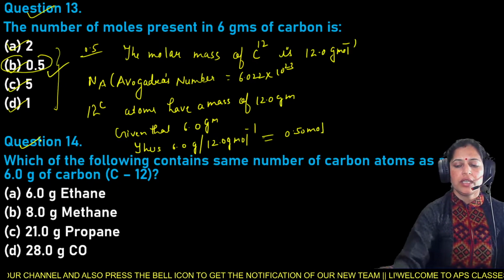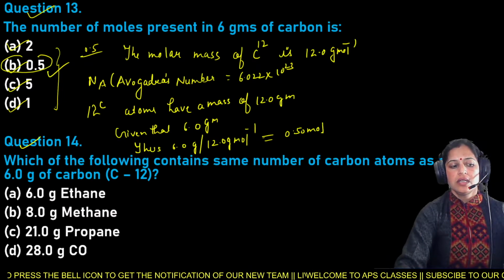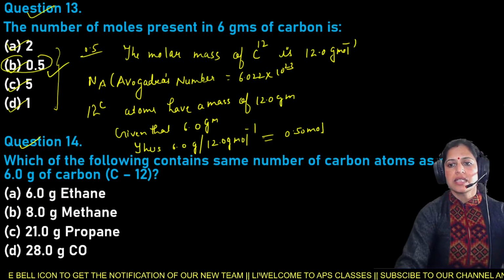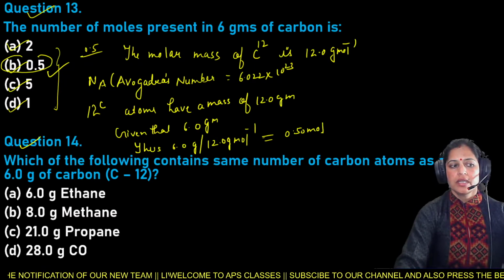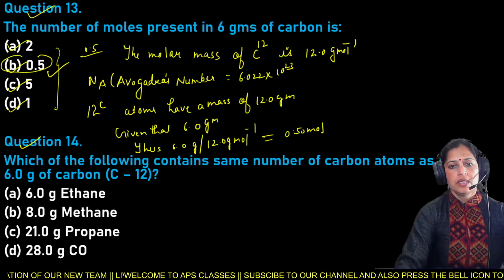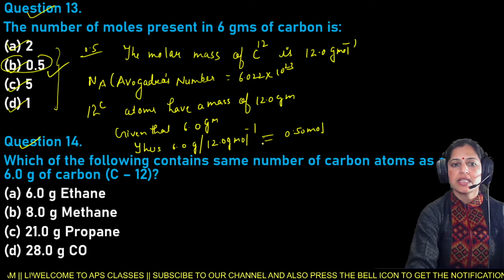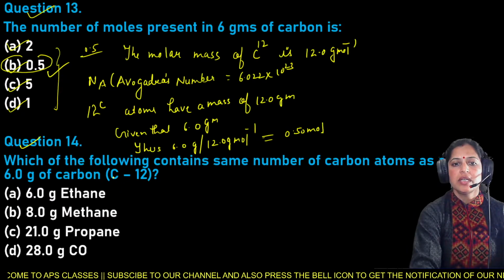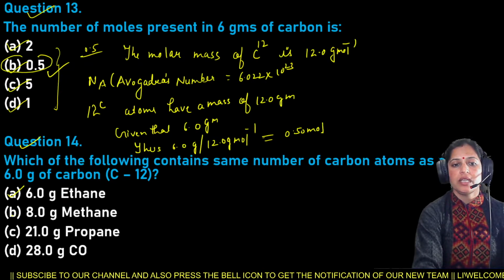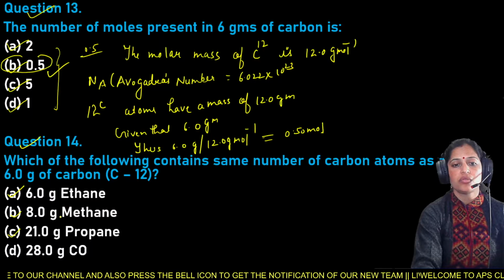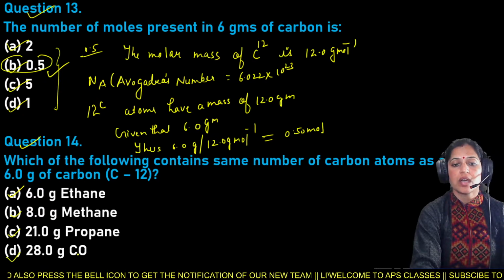Next is your question number 14. Which of the following contains the same number of carbon atoms as are in 6.0 grams of carbon 12? Options are A, 6.0 gram of ethane; B, 8.0 gram of methane; C, 21.0 gram of propane; and D, 28.0 gram of carbon monoxide.